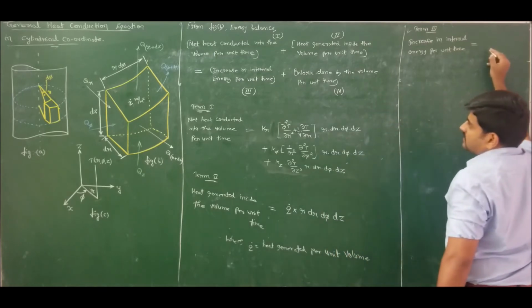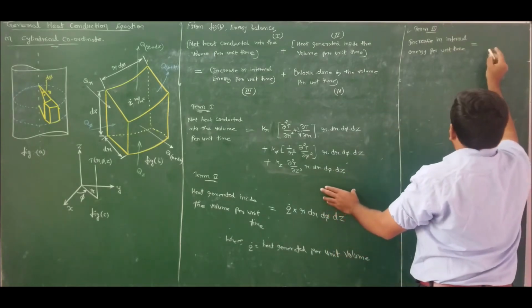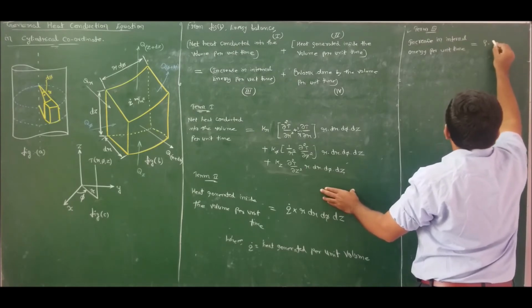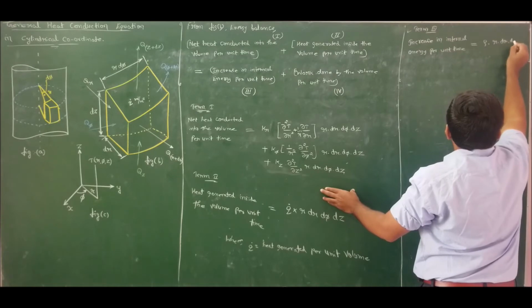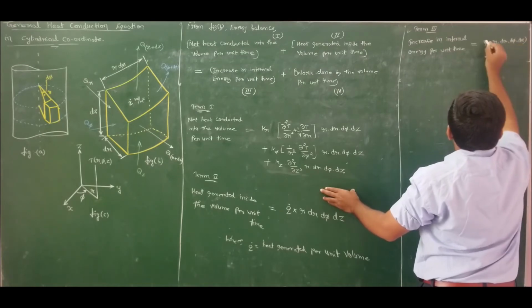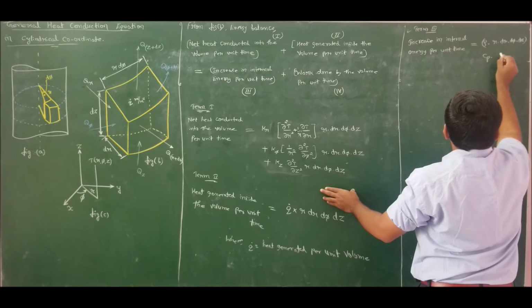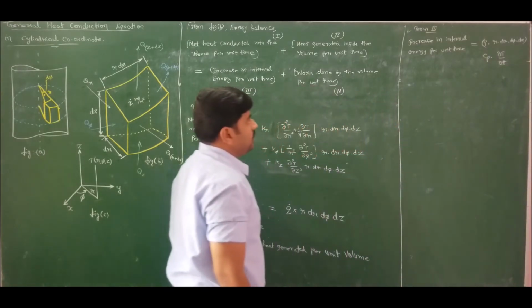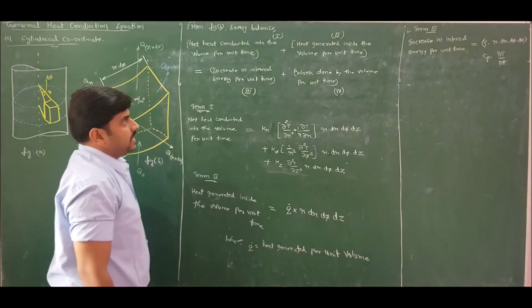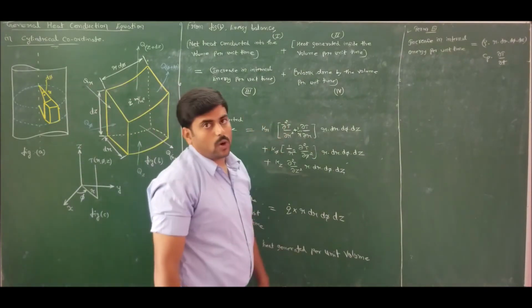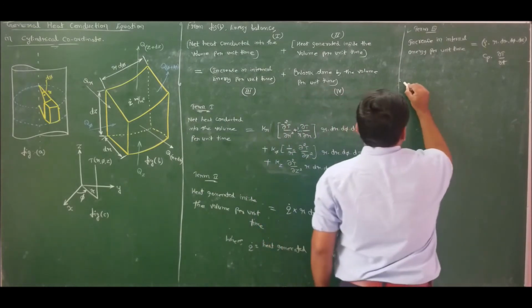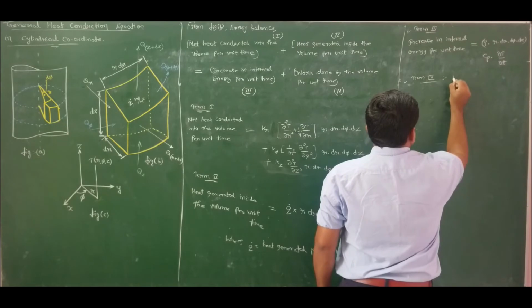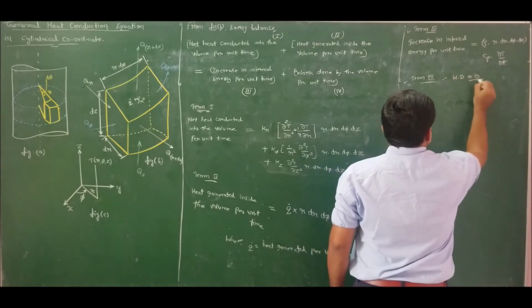It is mCp dou t by dou t, where mass is density times volume, and volume is r dr d phi dz. So mCp dou t by dou t is the increase in internal energy per unit time, where mass is density times volume. Coming for fourth term, that is work done by the volume is 0.